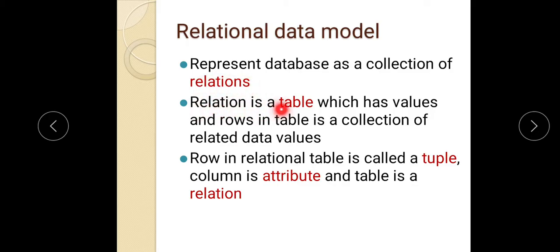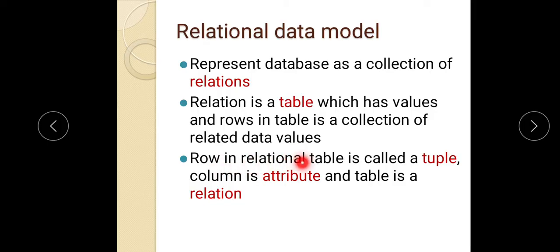The relation is a table which has values, and rows in the table are a collection of related data values. Each row in a table will represent a certain record or a particular data value. Clear?